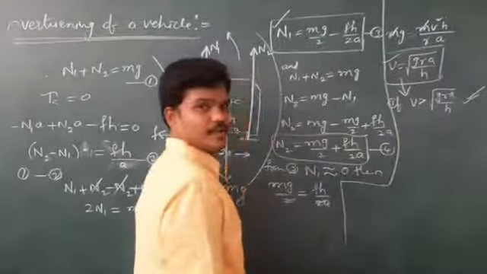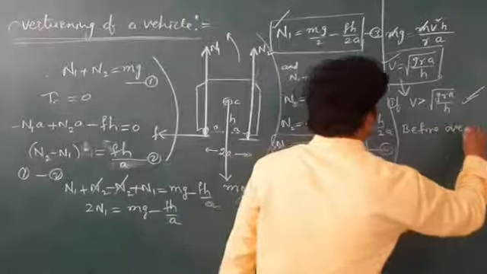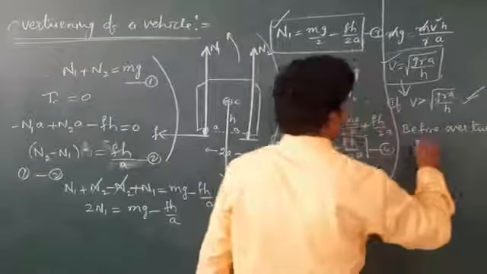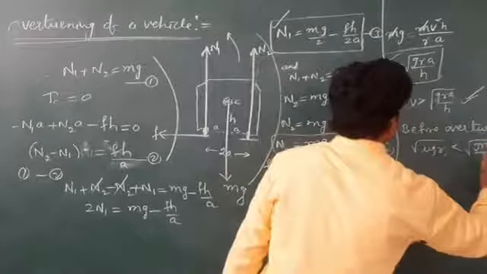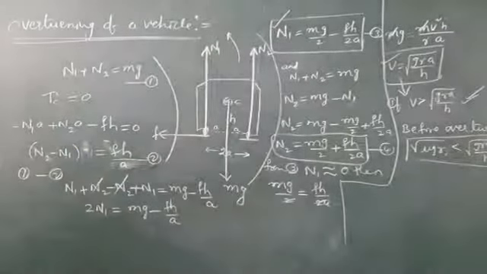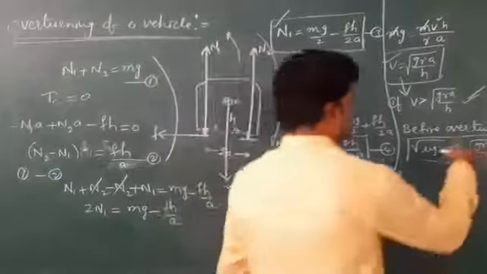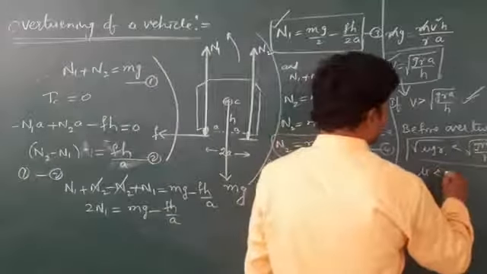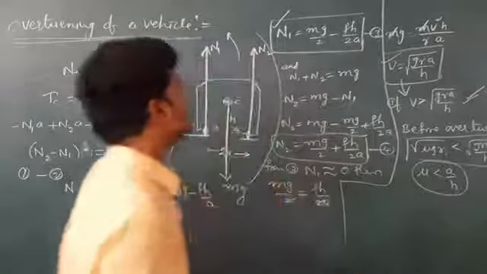And before overturning, the condition is root of mu g r must be less than root of g r a by h. See, this is the condition for before taking an overturn. If you cancel this, you will get mu less than a by h, since g r cancels. This is the condition for before overturn.